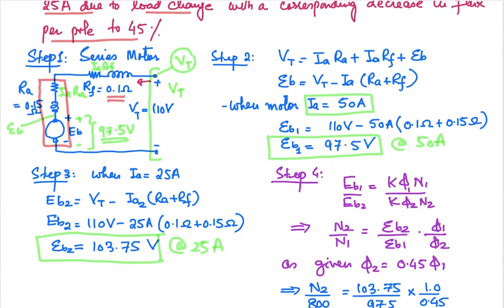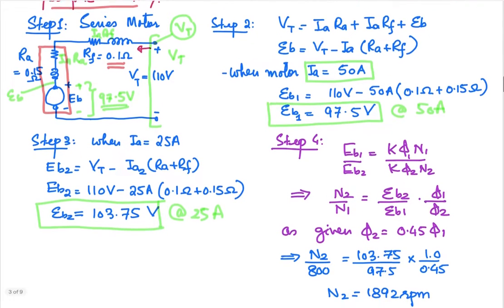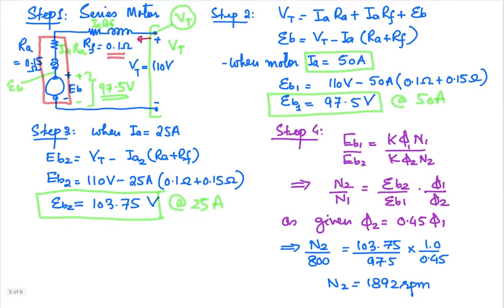Now the speed changes, because the speed depends upon the back EMF, and we have studied in the theory that the ratio of the back EMF is equal to the ratio of K phi1 N1. Your back EMF is given as K phi into omega, or it can be written as K1 phi into some speed in rpm. This is the speed in radian per second and multiplied with a certain constant, so you will be getting this speed in rpm. Overall this is in volts, but I am talking about this unit.